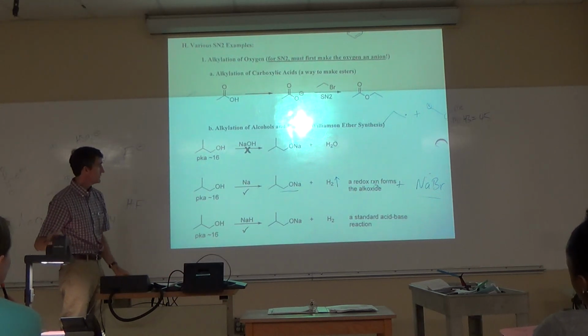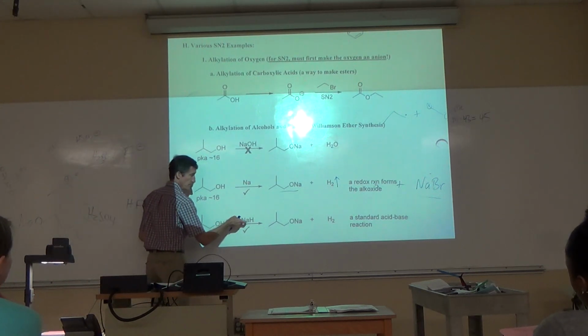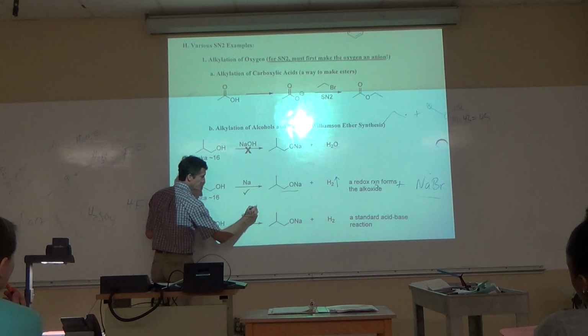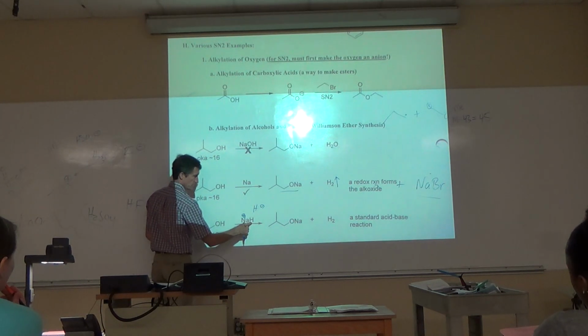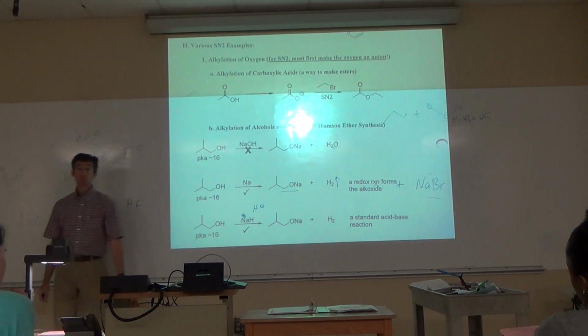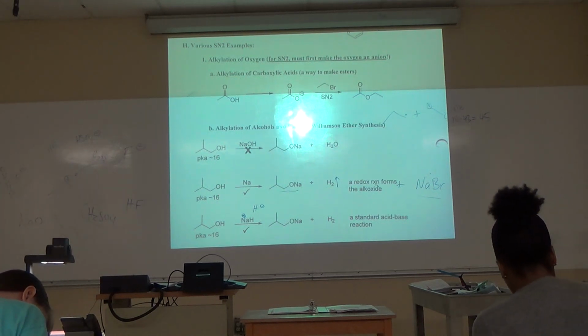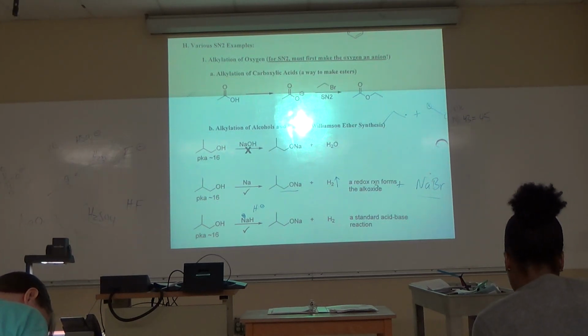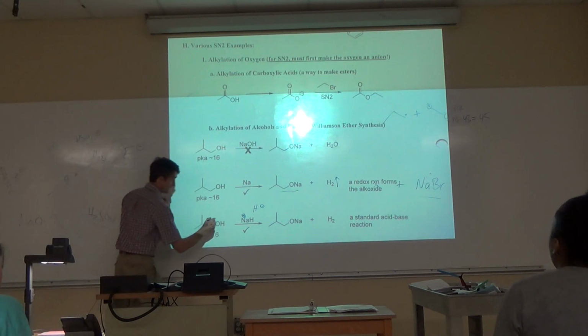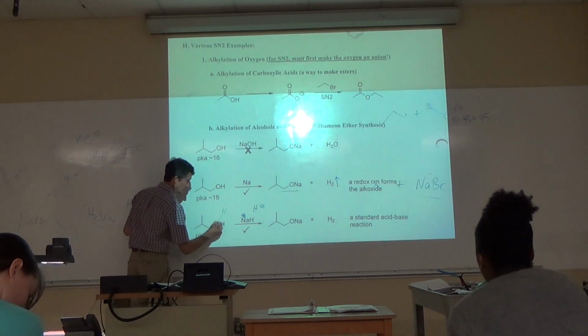You can also make your alkoxide using sodium, what do you want to call this? Charge of the sodium is plus. This is H- hydride. This is called sodium hydride. You guys have probably never seen this. It is possible. You can have an H-, and the H- will act as a base. Now we can do a traditional acid-base reaction.